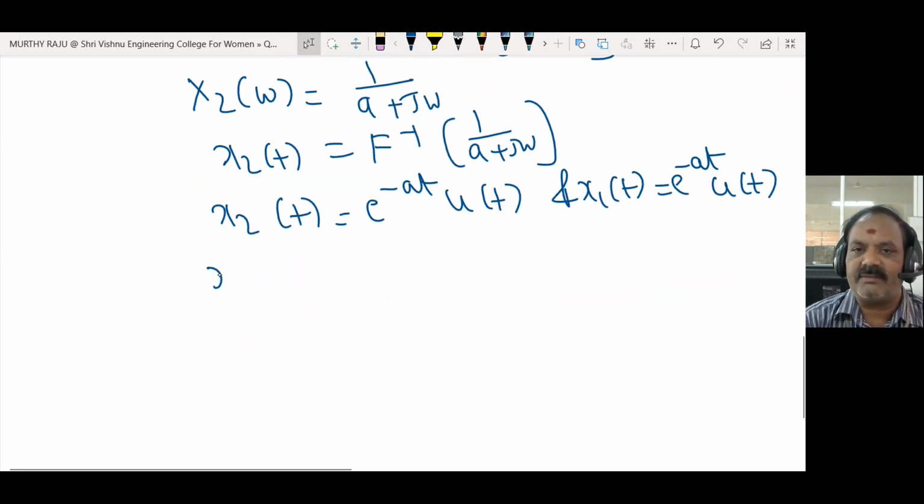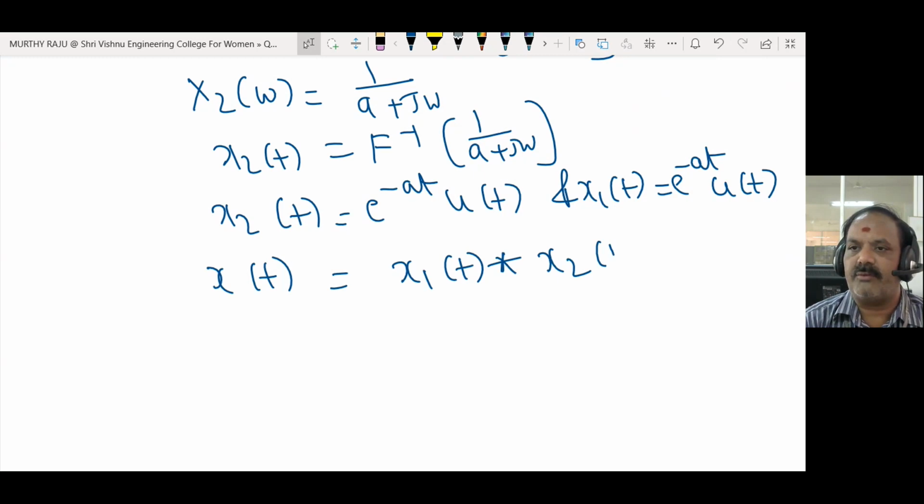Find out x of t. x of t is the inverse Fourier transform of 1 by (a plus j omega) whole square. x of t is x1 of t convolution with x2 of t according to the convolution theorem.